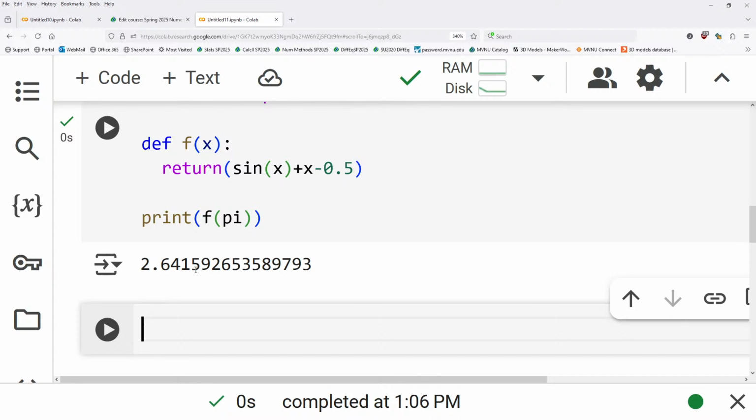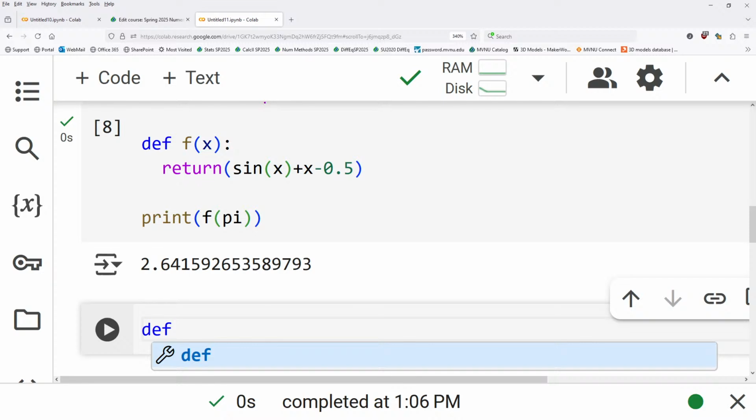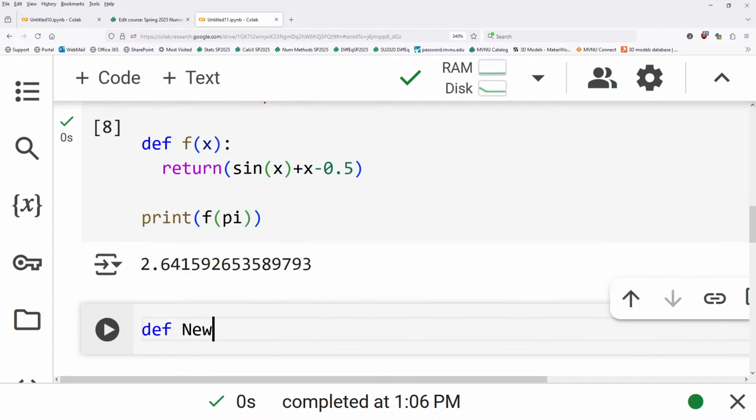And you know what? Newton's method is really the easiest of the bunch. Yeah, let's do Newton's method first. It's so easy. So Newton's method. Here's how we'll do this, it's so short. It's surprising. So we're going to define a function, and this function is going to be Newton's underscore method.